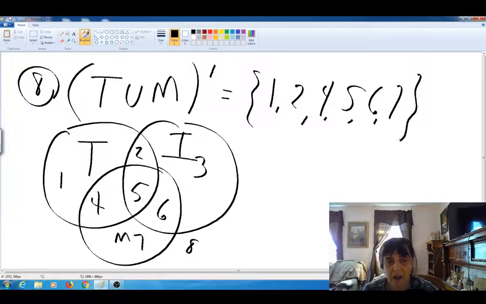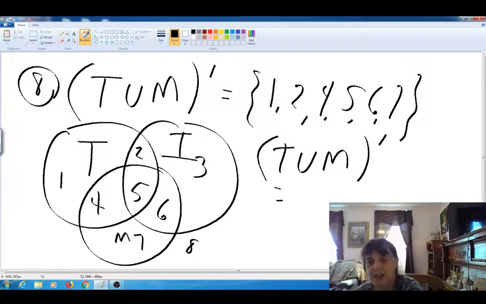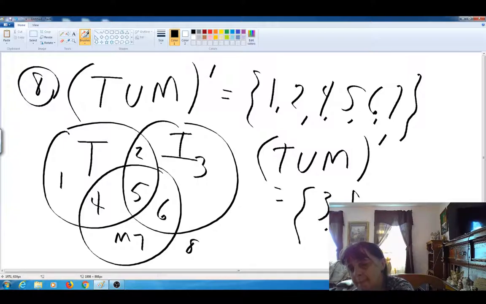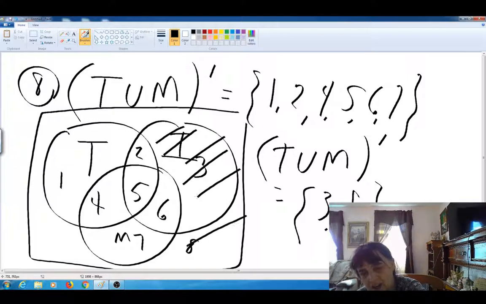Okay, and everything but T or M is 3, 8. So on a Venn diagram, you just shade in region 3 and region 8.